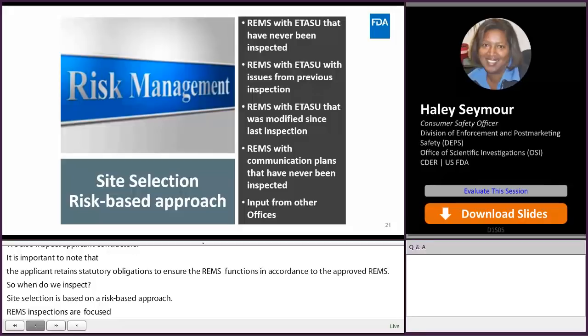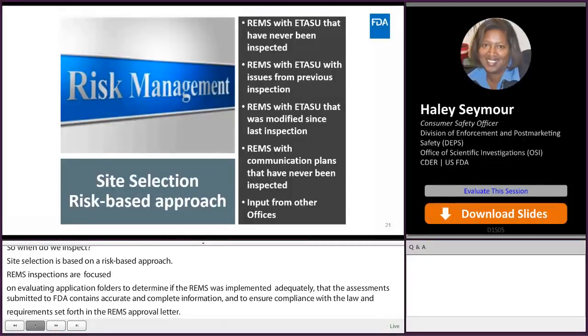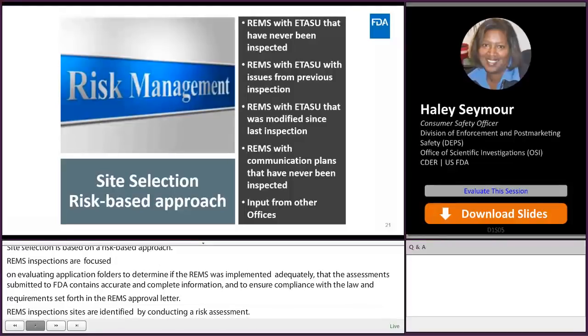REMS inspection sites are identified by conducting a risk assessment. We look at the elements that make up the REMS program, and inspection history also plays a role in determining the risk.